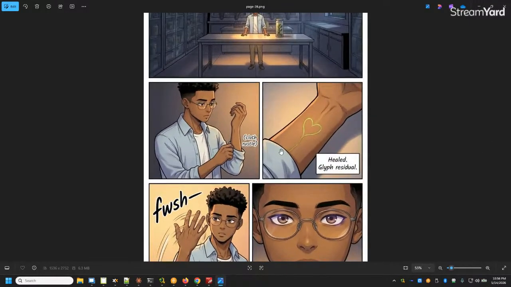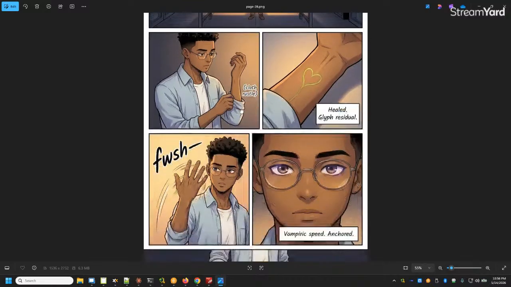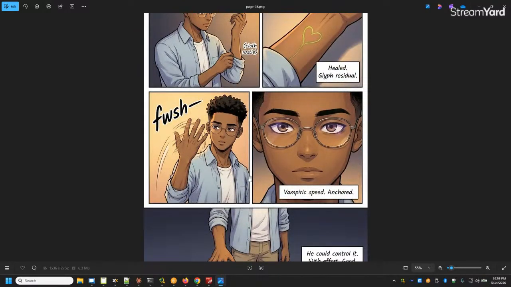All right, so I guess it left a mark here. Healed glyph residual, vampiric speed. Oh yeah, I had it to where even if he healed himself from the vampire bite from the plant, he still gains the positive, right? He got rid of the negative, now he keeps the positive, which means speed. I haven't read past this chapter, so I don't know if he needs to drink blood.